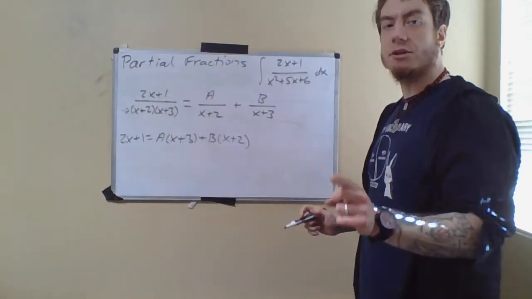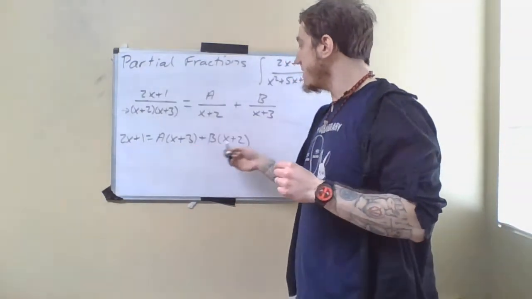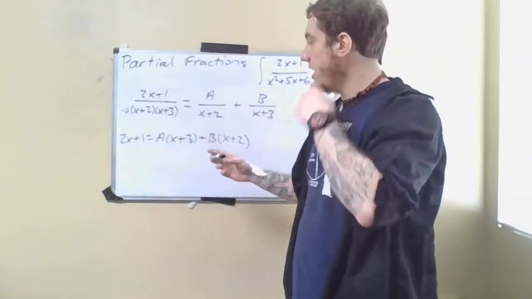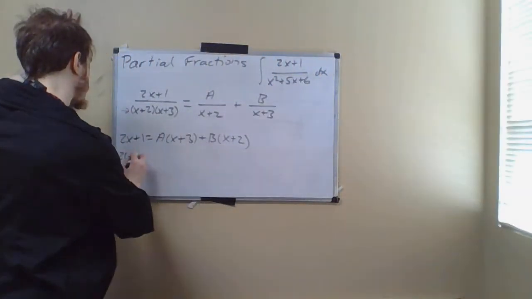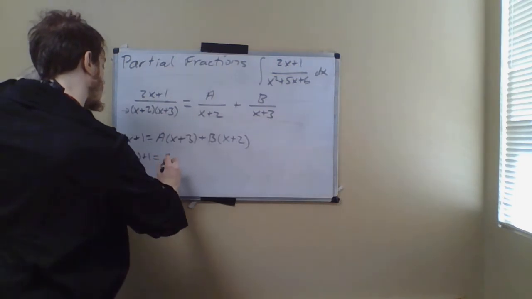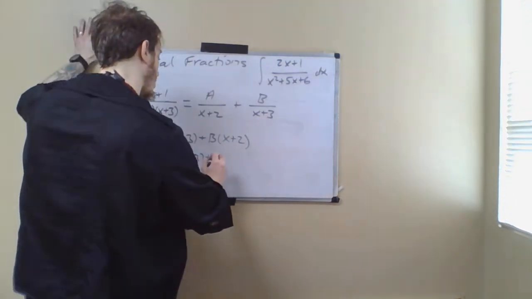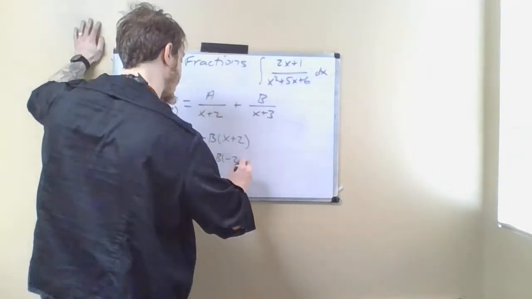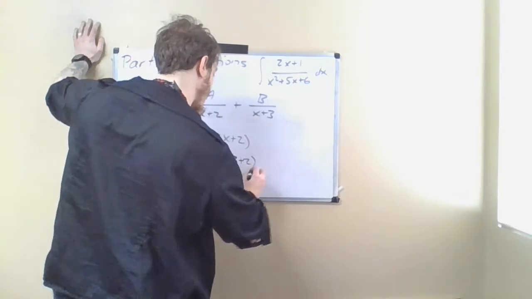The reason that's going to be so convenient here is because we know what will make these terms 0. If I plug in -3, I get 2 times -3 plus 1 equals A times (-3 plus 3) plus B times (-3 plus 2).